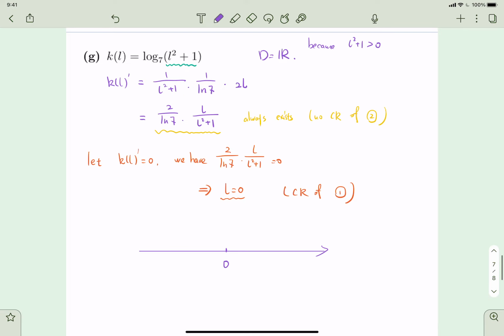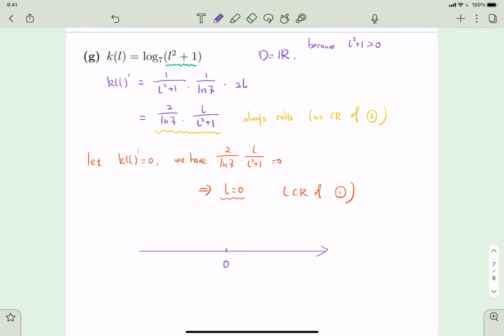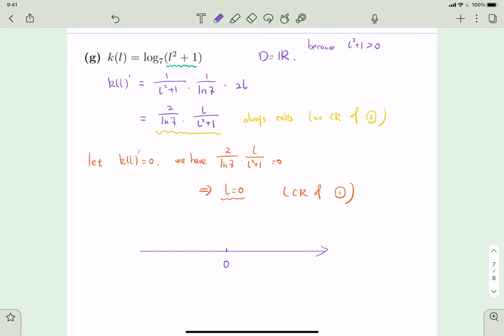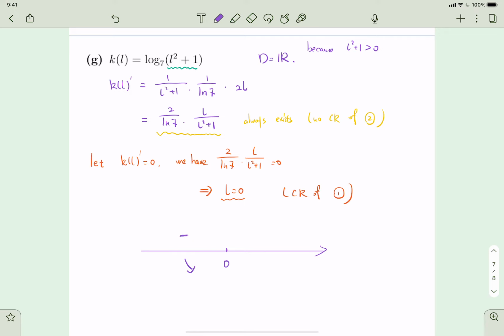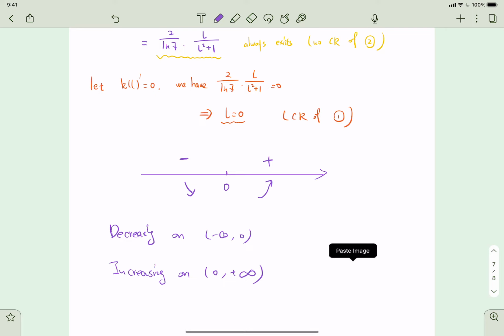Okay, and now we're going to take a look at the sign of the derivative on these two intervals. For example, when L is equal to -1, this is negative, right? So decreasing here and increasing here. So it's decreasing from negative infinity to 0 and increasing from 0 to positive infinity.